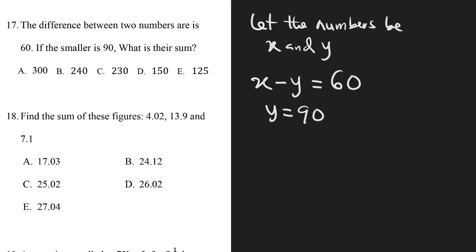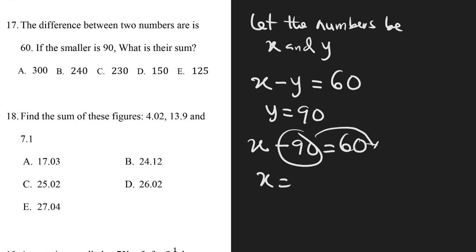So x now, instead of y, we're going to write 90, since y is equal to 90. x minus 90 is equal to 60. So we have to find their sum. Now x is equal to this one. Once the minus crosses the equality sign, it is going to be plus.